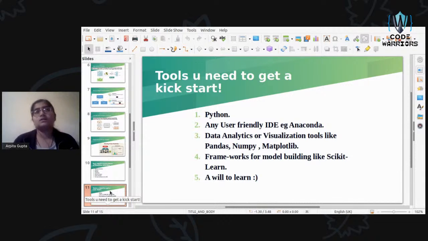Pandas is a well-known framework for data analysis. We can bring the insights out of the data. We need to visualize the data as well to see how the trend is going. That can be done with the help of the library called Matplotlib. So these are some data analytics and visualization tools which would help you on the path of machine learning. Pandas, NumPy, and Matplotlib are going to be really helpful to you.